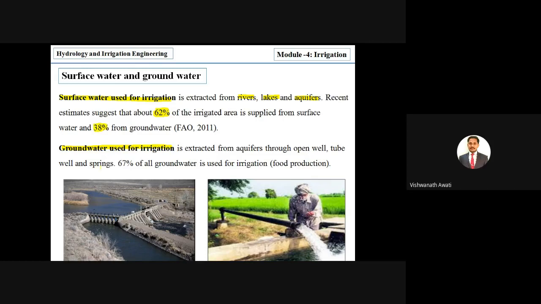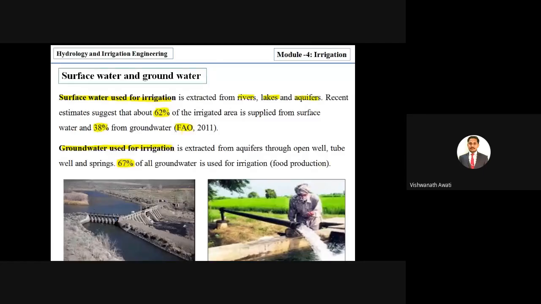And of the total amount of groundwater, 67% of the groundwater resource or extraction is used for irrigation purposes, according to the Food and Agriculture Organization. The Food and Agriculture Organization is a unit of the United Nations, a very well-known organization which aims at removing hunger in countries.